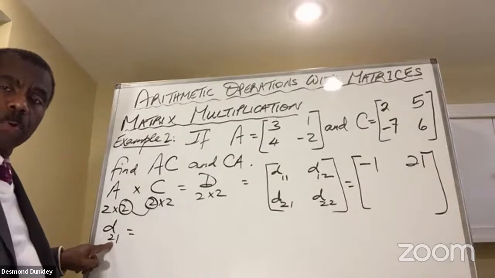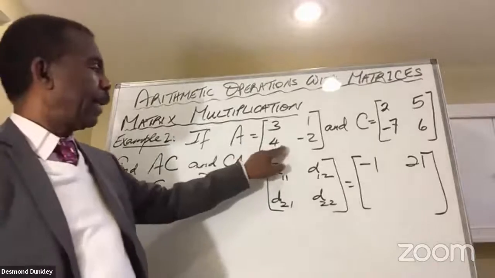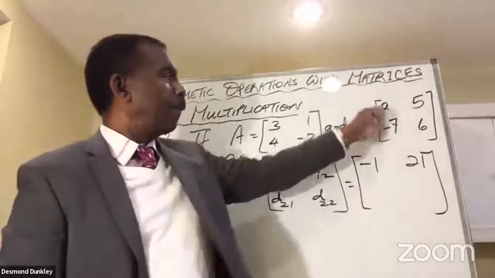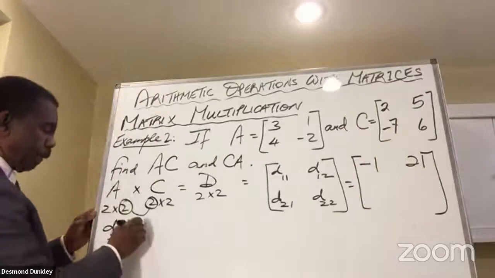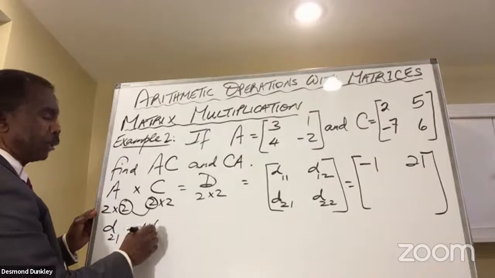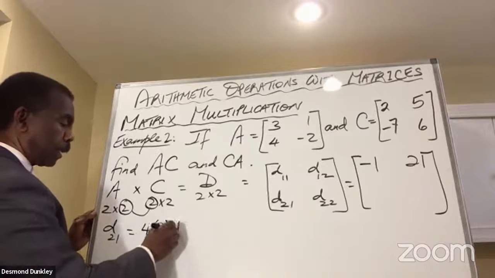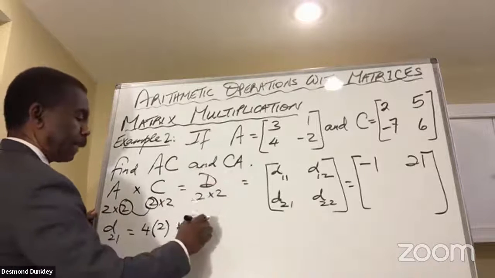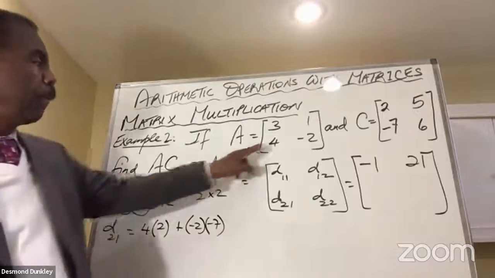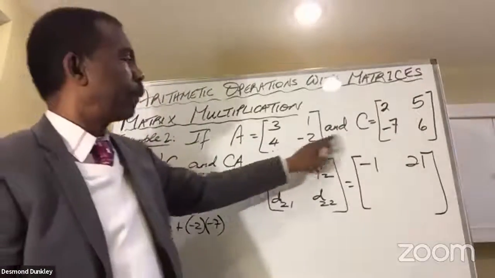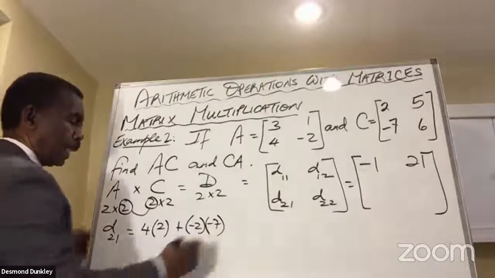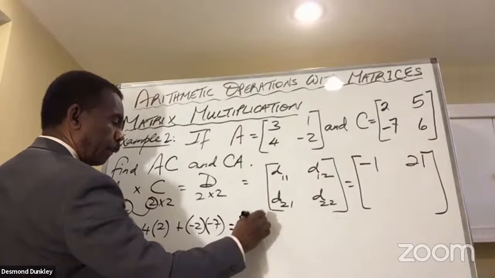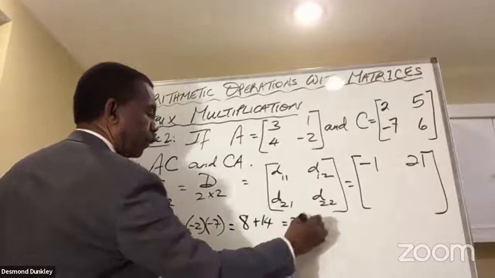Now it's the second row, first column. So it's going to be 4 times 2 plus negative 2 times negative 7. 4 times 2, negative 2 times negative 7. What do we get? This is 8. This is 14, equal to 22.